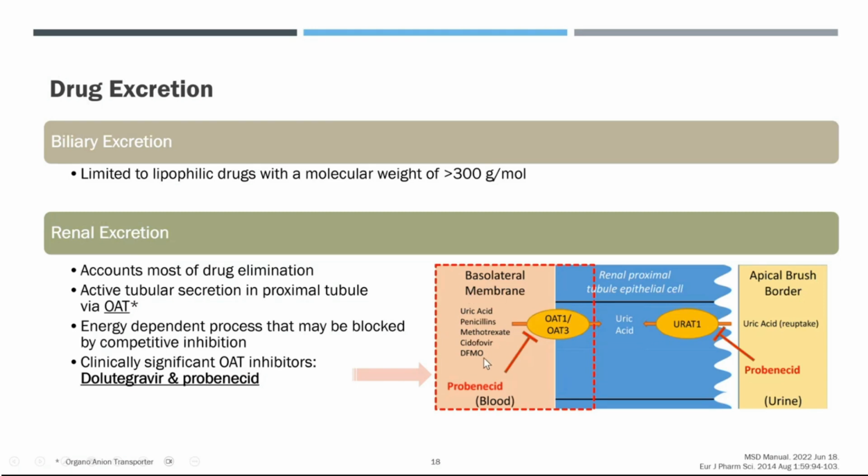It will prevent these substrates from moving from the bloodstream to the proximal tubule, therefore inhibiting their renal excretion. In contrast, there are other medications that can induce the OAT process. Rifamycin is a very common one, and it will increase the renal excretion process.